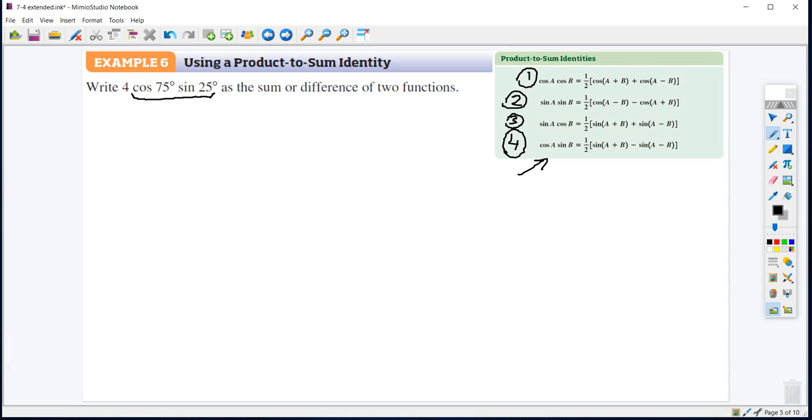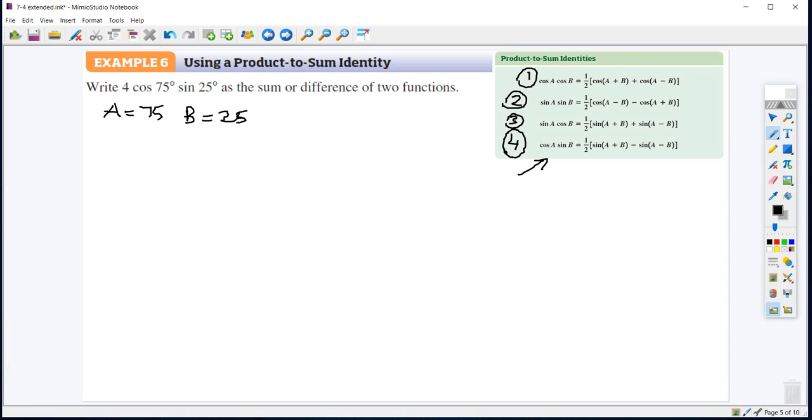Looks like we are using this formula, where we can say A is the 75, the angle, and B, let's rewrite it. A will be 75, B will be just 25, right, like this.